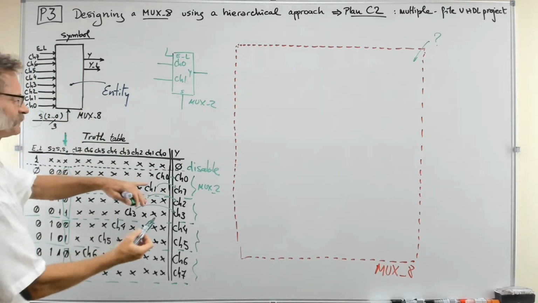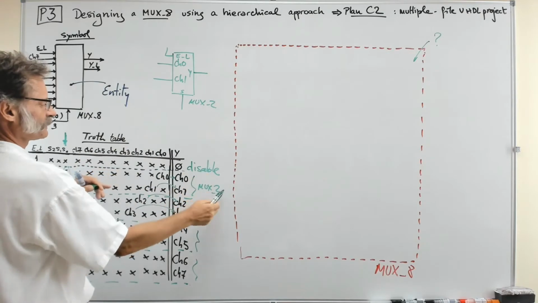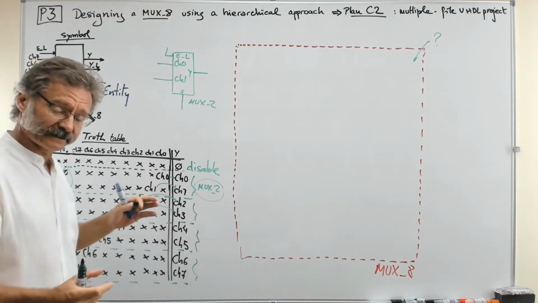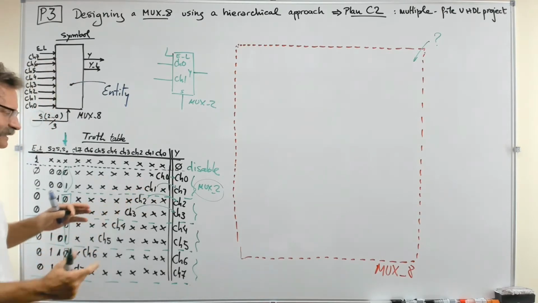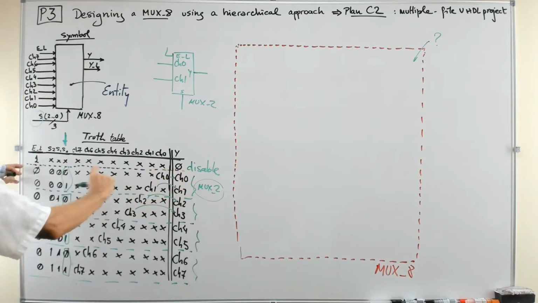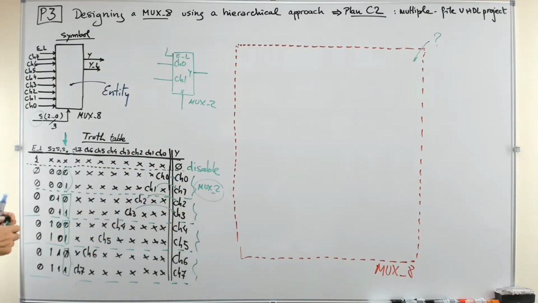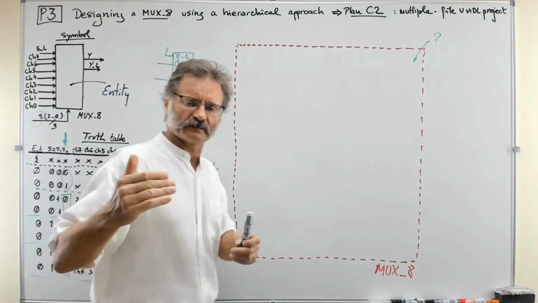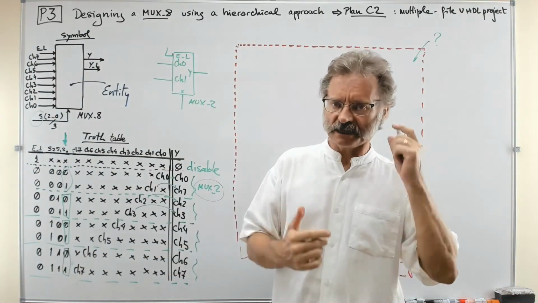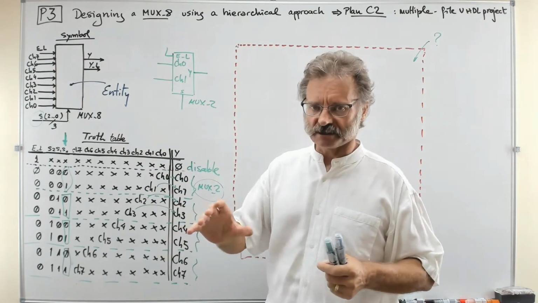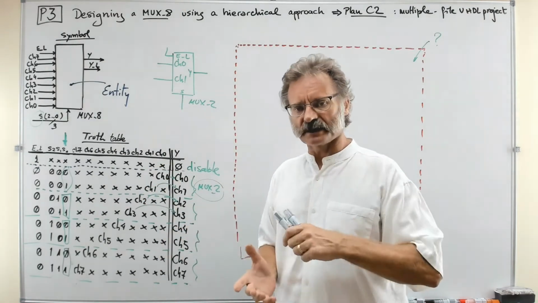This device may be used to implement as a circuit these 2 lines of the table. Then another one like this, the next 2, and so on. Okay? So that's right. Perhaps 4 multiplexers of 2 channels can be used to organize this MUX8.